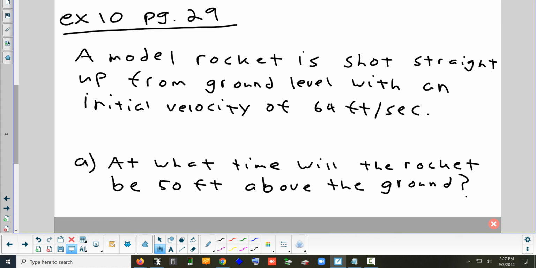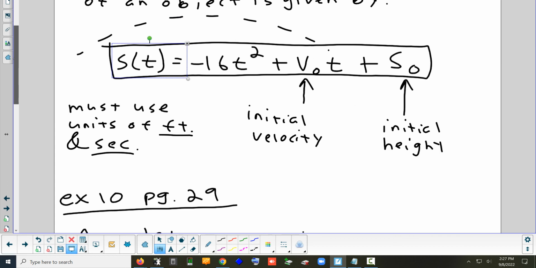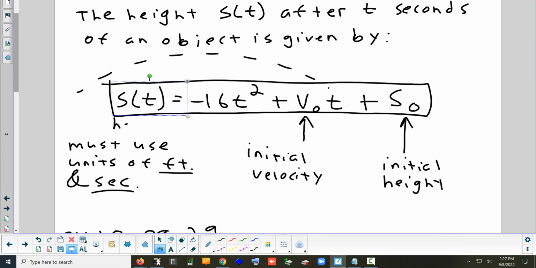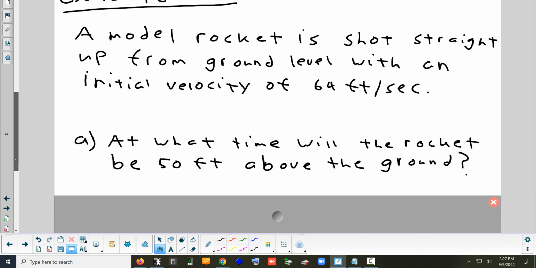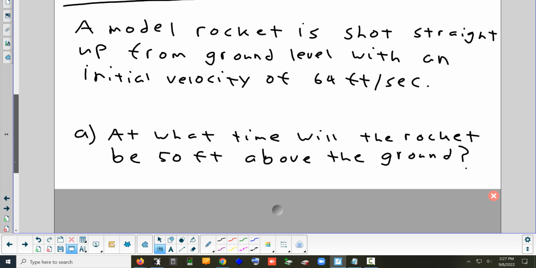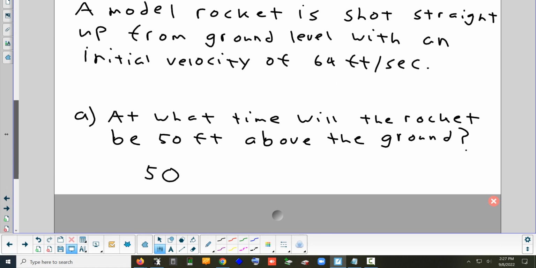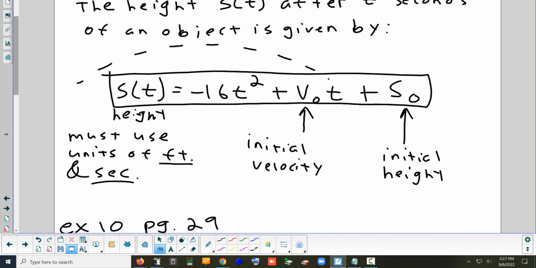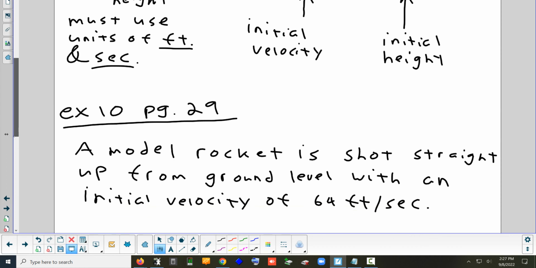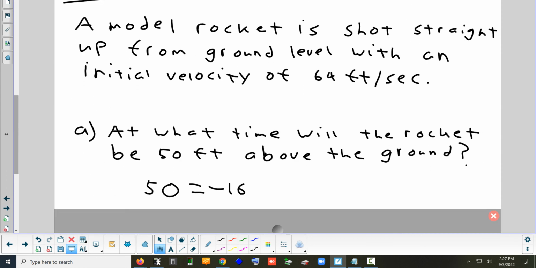So let's see if we can just fill in the numbers to our formula first. The left-hand side represents the height. What are they asking me for the height to be in this problem? 50. So 50 is going to go right there. Equals negative 16t squared, always comes next.